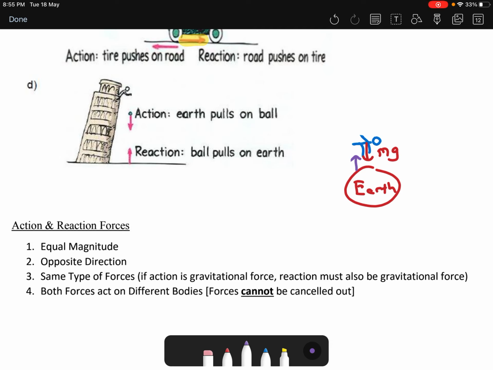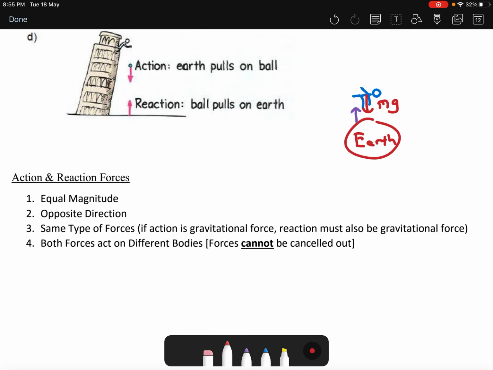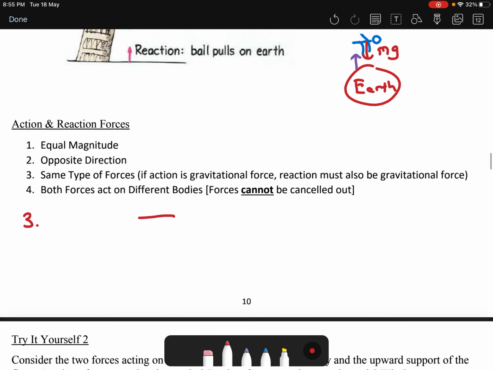Right? So action and reaction forces. In order to fulfill the action and reaction forces, we know the first half of the story: equal magnitude, opposite direction. This one is easy. The third, they must be the same type of forces. What do I mean by that? Imagine for number 3, I have a wall. So this is the wall, and I use my finger to push on the wall.